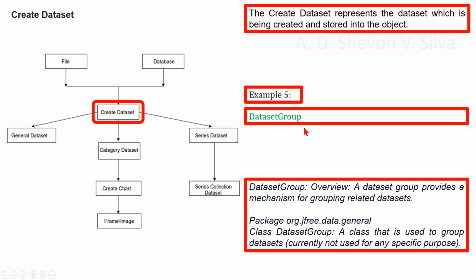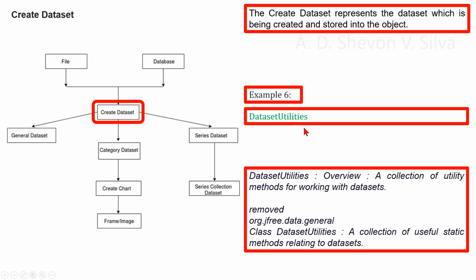Overview of DatasetUtilities: a collection of utility methods for working with datasets. The class DatasetUtilities in org.jfree.data.general is a collection of useful static methods relating to datasets.